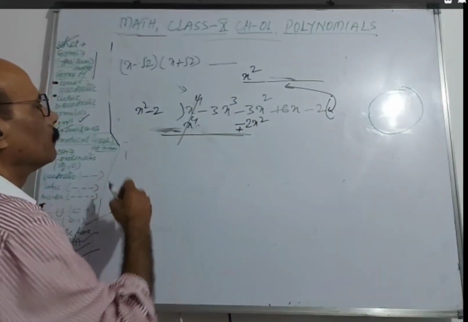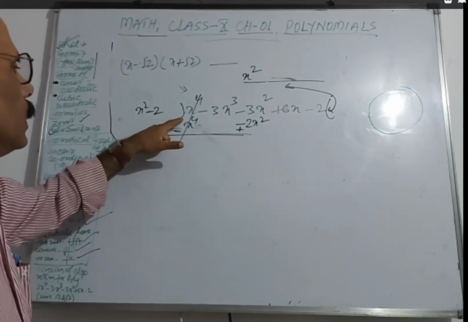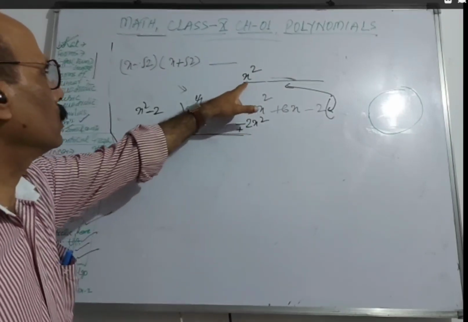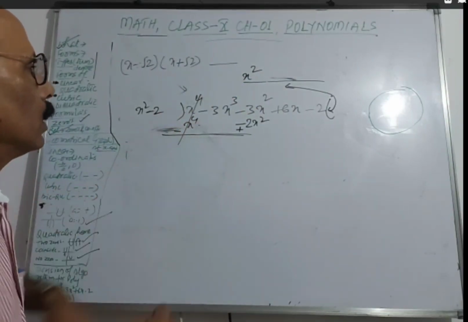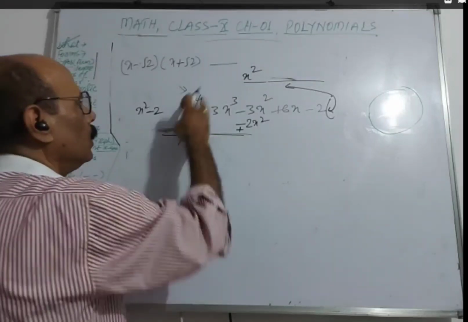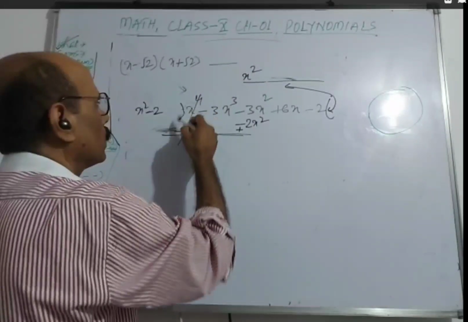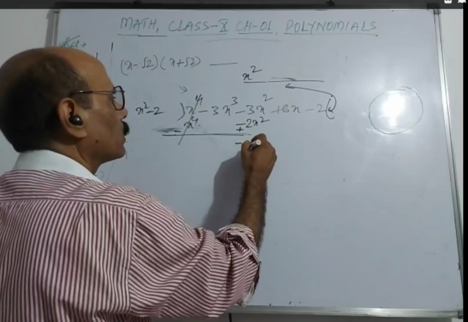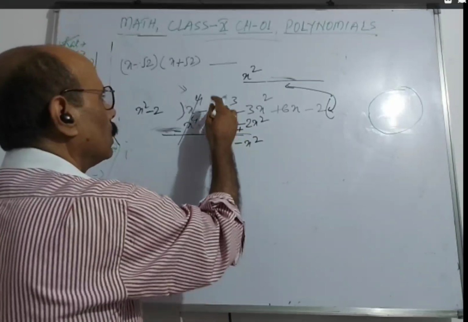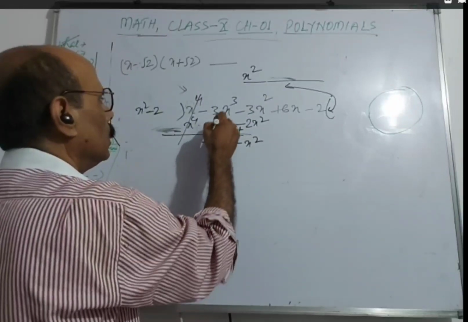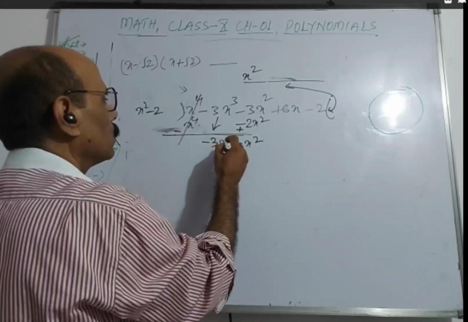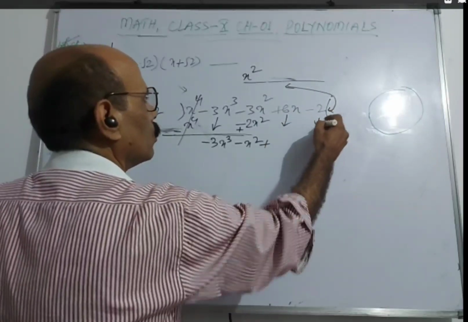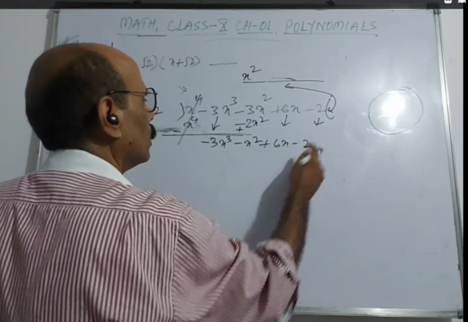Sign change: this plus changes into minus and this minus changes into plus. x square and 2x square. So this will be cancelled, plus and minus same number, and this will be minus x square. And this will come down again, minus 3x cube. And this will also come down, minus 2.